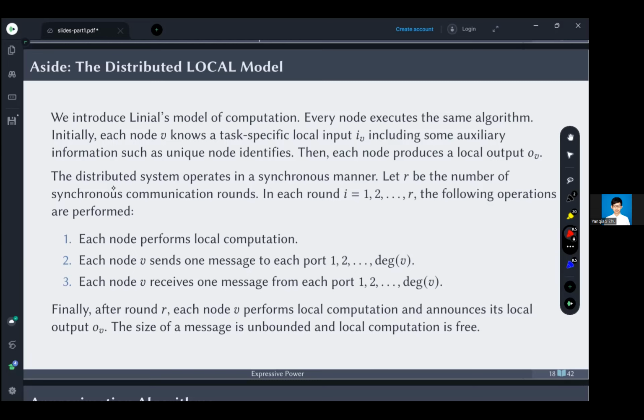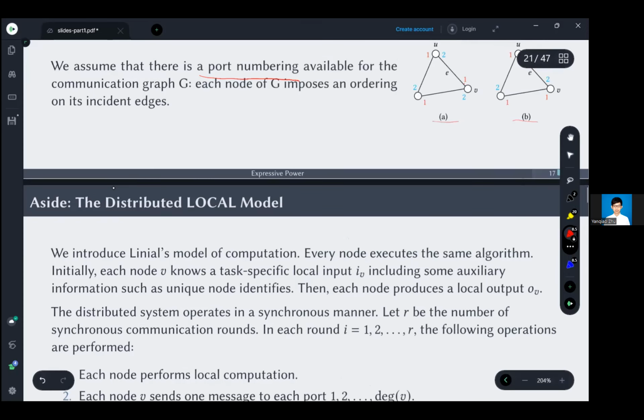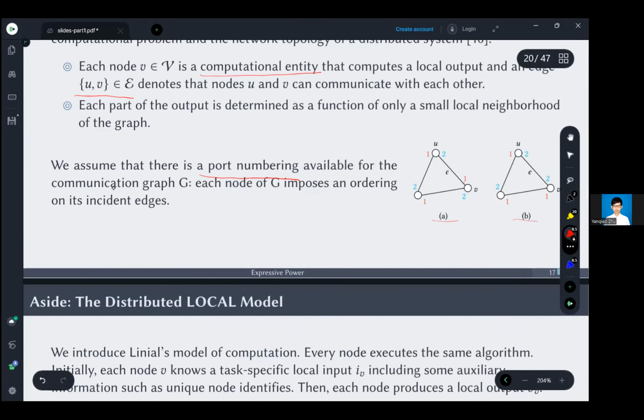We will assume it exists, because this is a very abstract level of computation. We don't need to think about how to make it happen. We just need to assume every node has it. So if I don't have this order, can I still call it a local algorithm? No, you can't. It is part of the assumption.